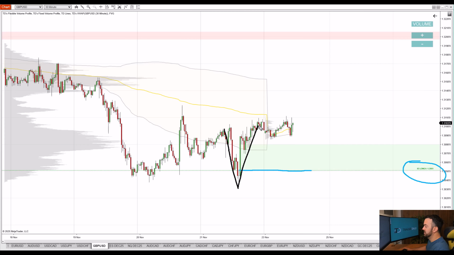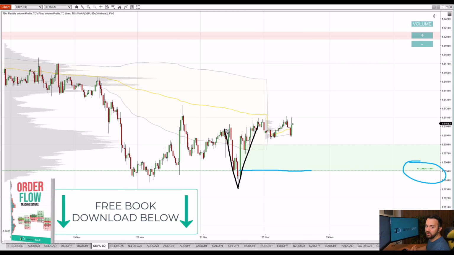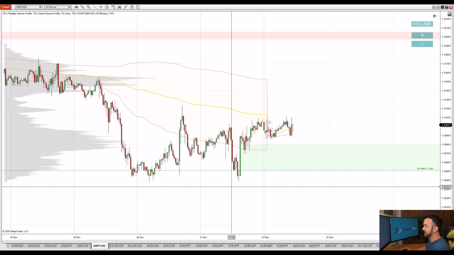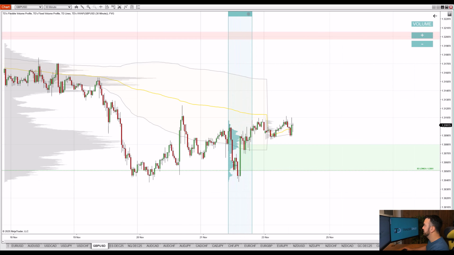This being the rejection, it is a rejection of lower prices, right? Because the price was dropping quickly and then suddenly turned and went up again very quickly. Within such a rejection, there needs to be a significant volume cluster that would represent a place where buyers stepped in. We have this volume cluster and this volume cluster.